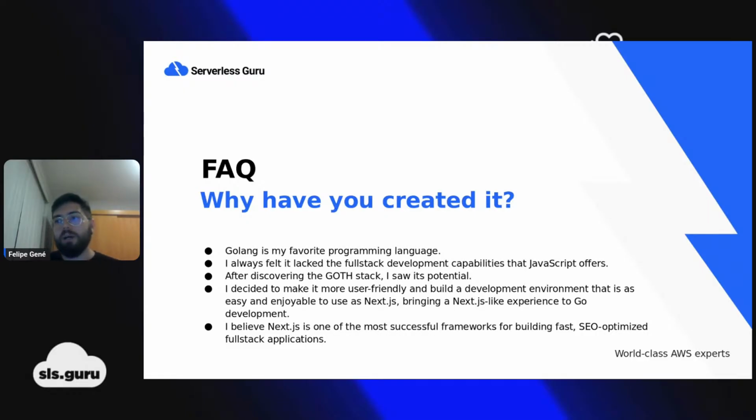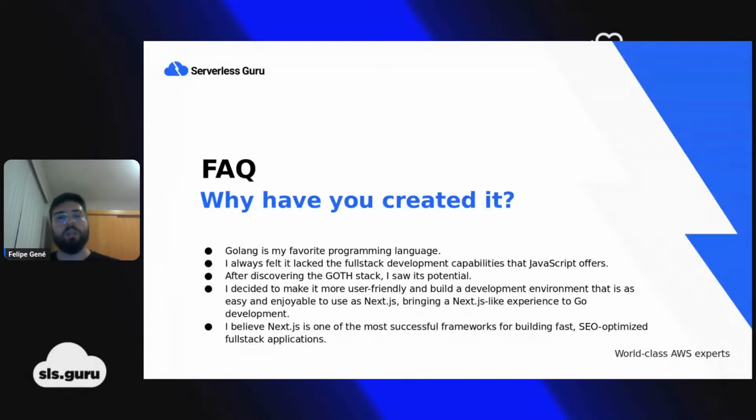To be honest with you guys, I created the Gothic framework because Go is my favorite programming language, and I always enjoyed building full stack apps using Next.js, and I envied JavaScript because I couldn't do the same with Go.